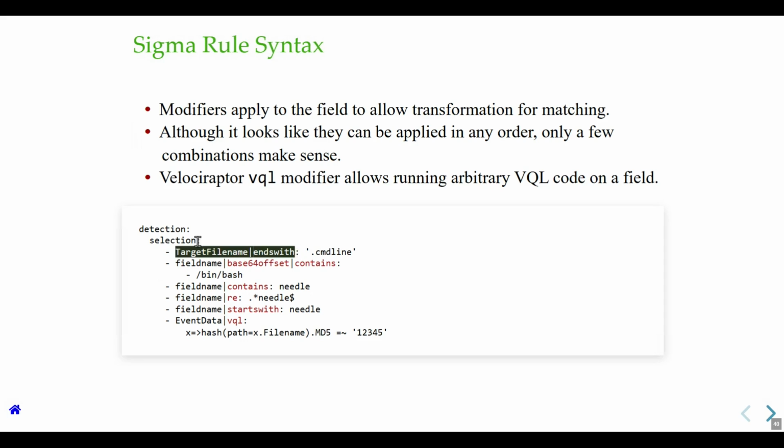But you can do things like the target file name ends with, or command line, right? So that is a matcher on the command line. We've got a regular expression, we've got a contains. These are probably the most useful ones. And in Velociraptor, we have a VQL modifier, which is an extension to Sigma where we can run VQL functions and make more complex matches.